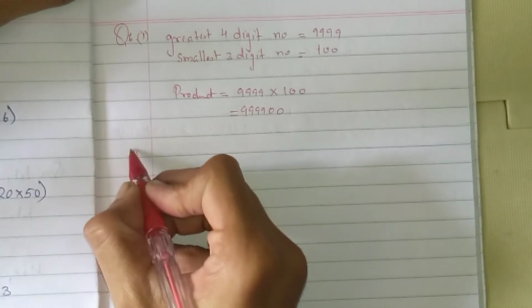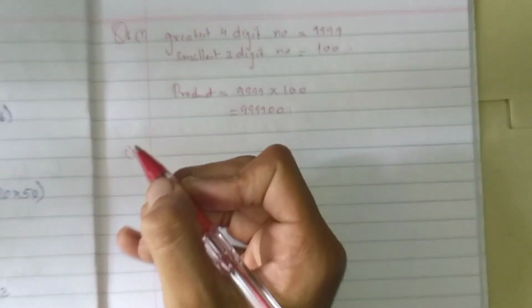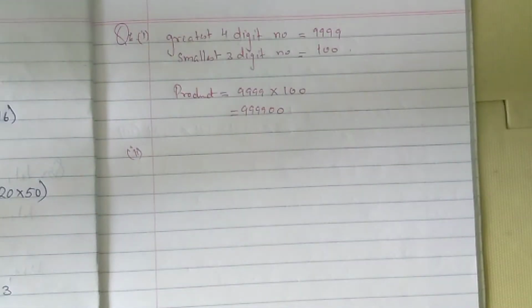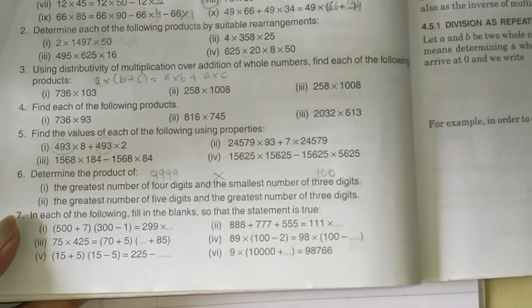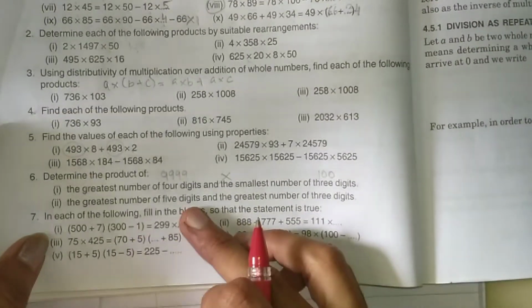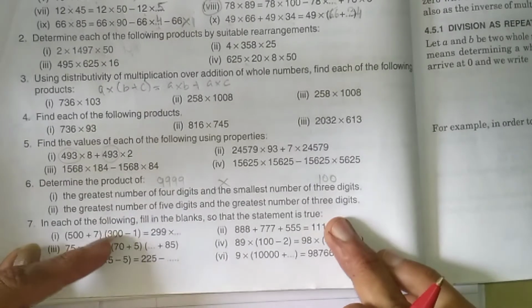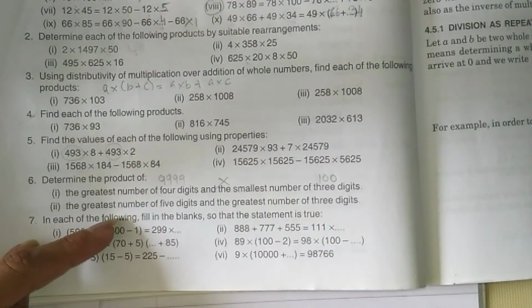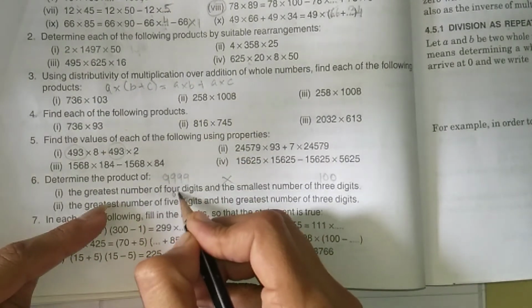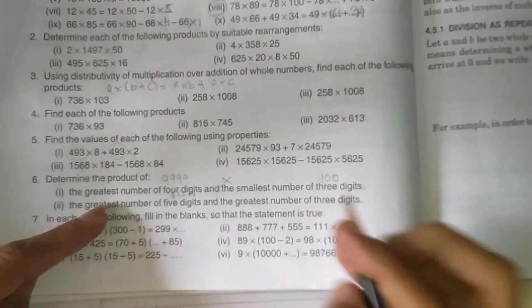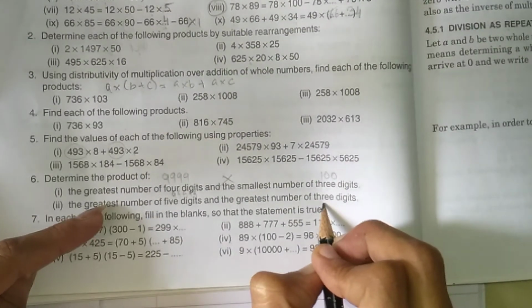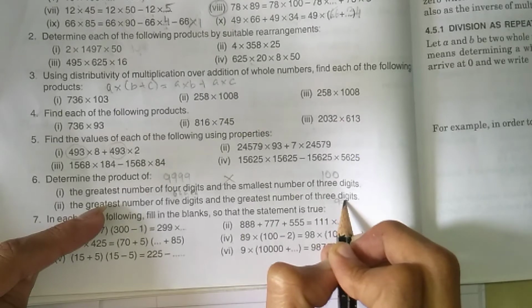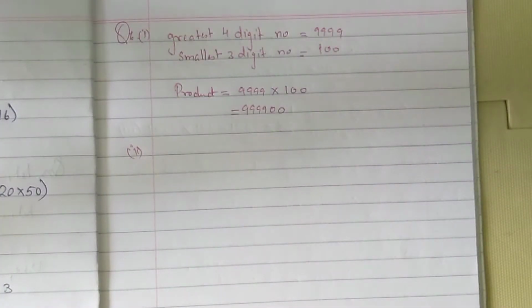9,99,900 is your answer. Now see the second one, the greatest number of 5 digit and the greatest number of 3 digit. The greatest number of 5 digit is 99,999 and the greatest number of 3 digit is 999. So both we have to multiply.